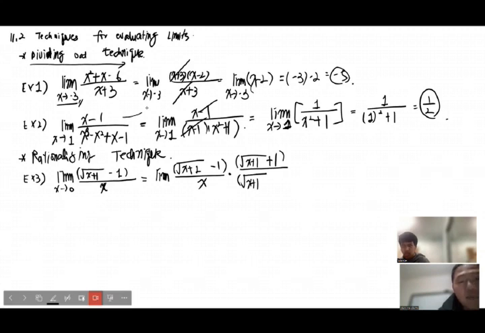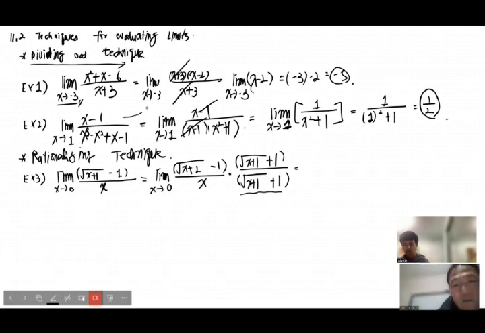This is multiplied to the original function, and we find the value of the modified function as x goes to 0.